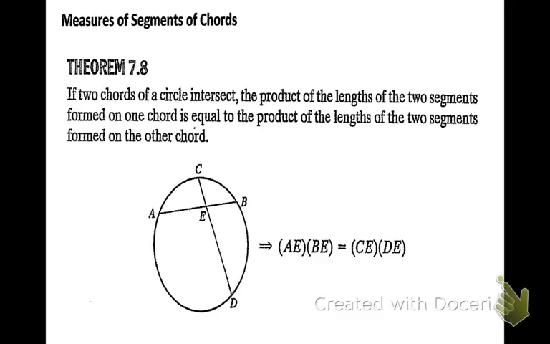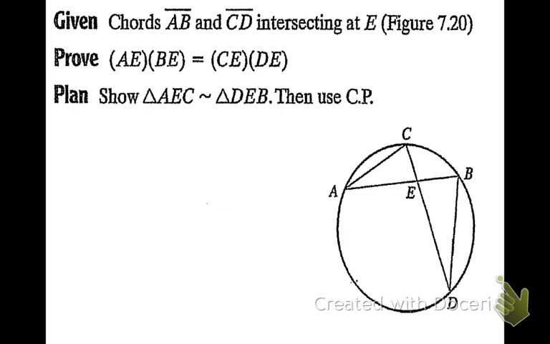So this says that AE times BE would be equal to CE times ED. Those two things, if I multiply them together, they will be equal. We're going to prove it.